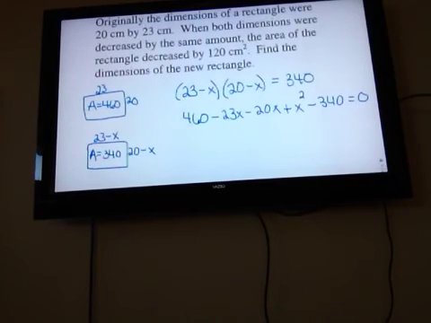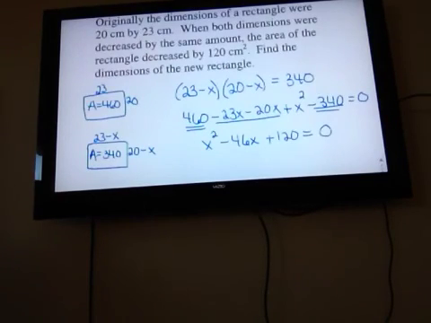Let's rearrange and collect. So my x squared is going to come first. 23 and 20, 43x, minus 43x. And then 460 minus 340 is a positive 120 equals 0.